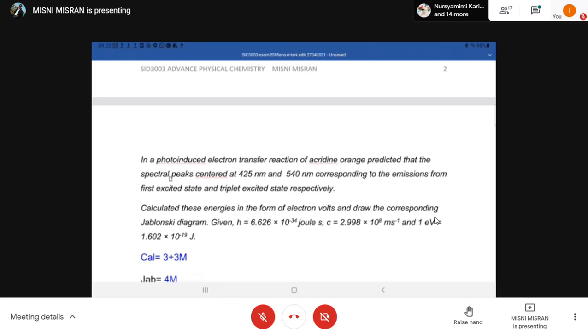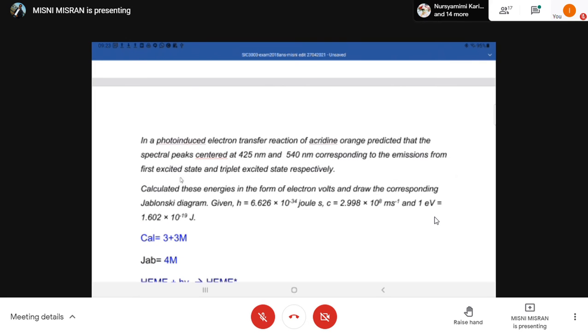So next, in a photo-induced electron transfer reaction of acridine orange, predicted spectra are centered at 425 nanometer and 540 nanometer, corresponding to the emission from the first excited state and triplet state, respectively.